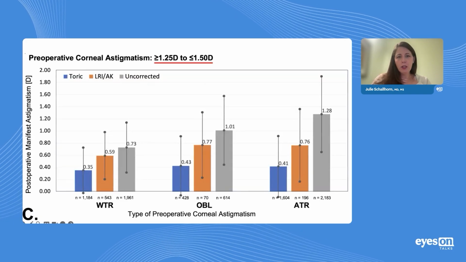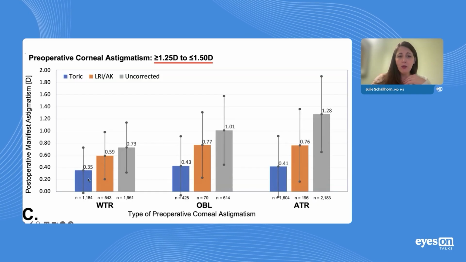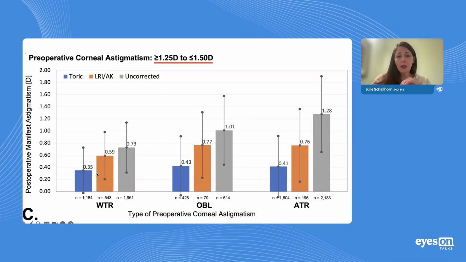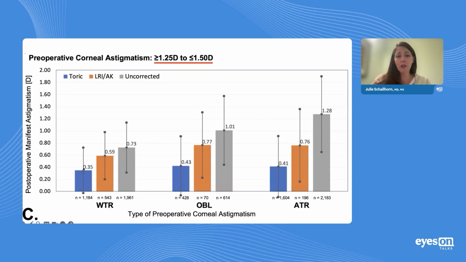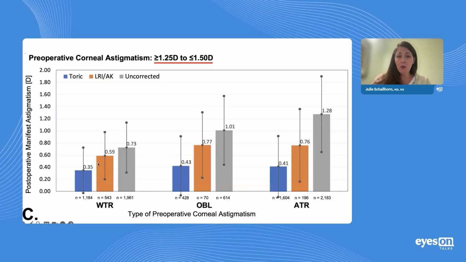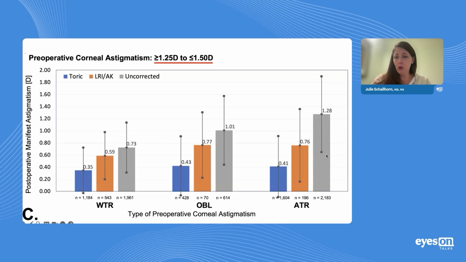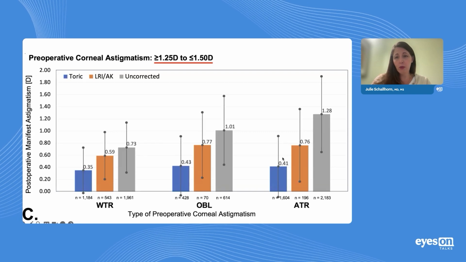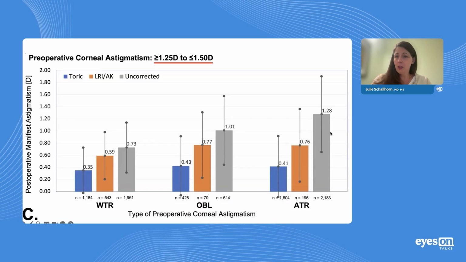And again, when we go up in cylinder to 1.25 to 1.5 diopter, that effect really becomes magnified. In the with the rule group, we're at 0.35 diopters on average residual cylinder with a toric IOL, and almost 0.6 with an LRI, AK. In the against the rule group, that is substantially magnified, and with no treatment there's really minimal effect.